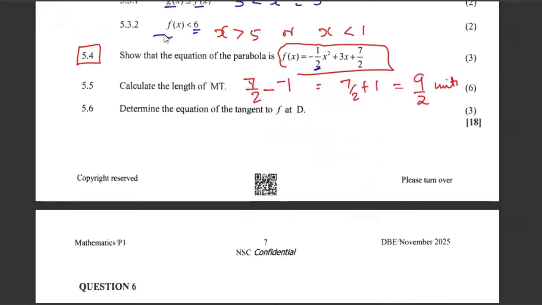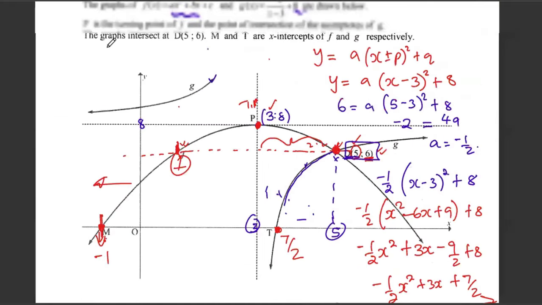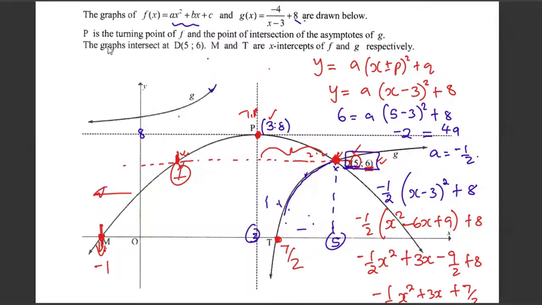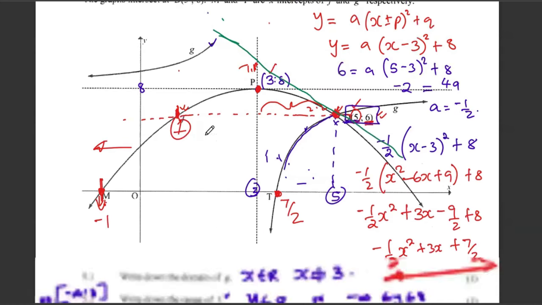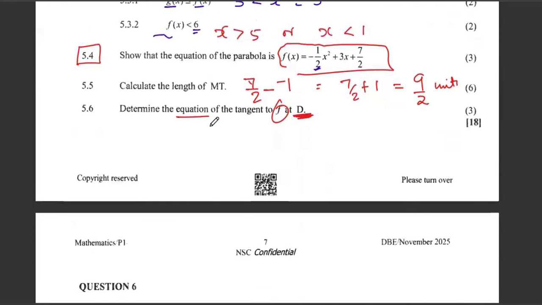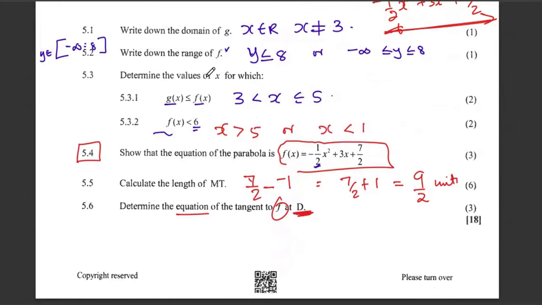Then 5.6, they want us to get the equation of the tangent to the graph of f at D. At this point D, there is a tangent, which should be moving in this direction. I don't know whether that direction or any other direction. But what we need to know is that for us to get the equation of the tangent of any graph, we need to start by finding the gradient at that point.